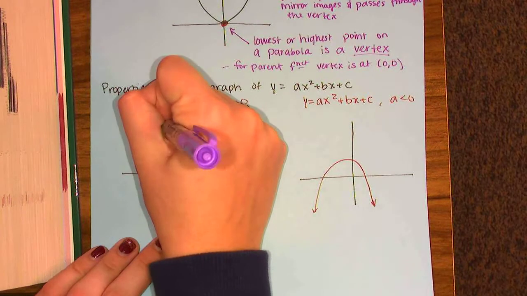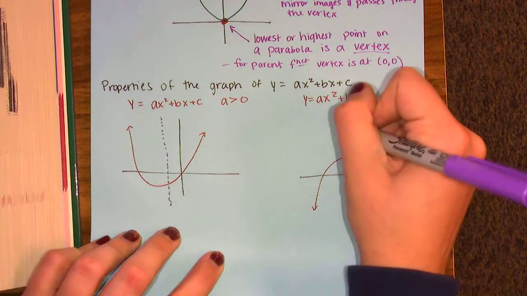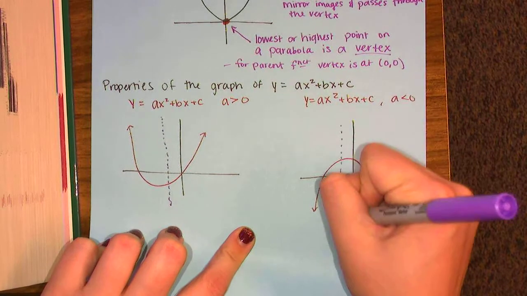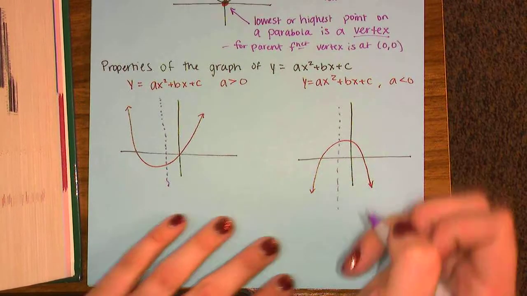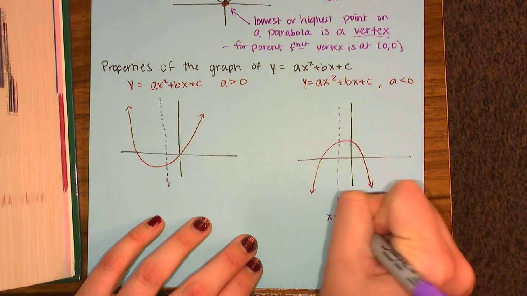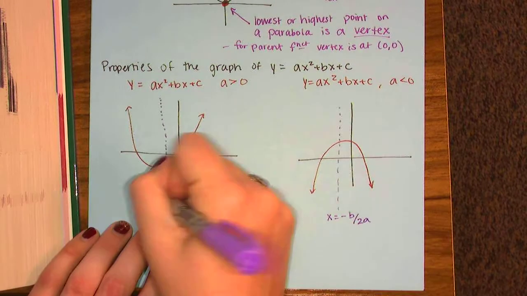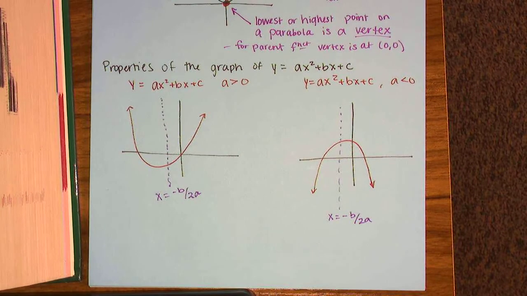My axis of symmetry, we do it with a dotted line usually. No, mine's not either. This line is at x is equal to minus b over 2a, in both cases. That's the formula for it.